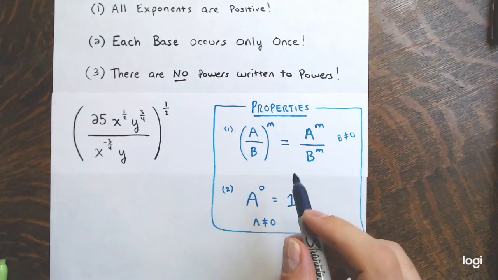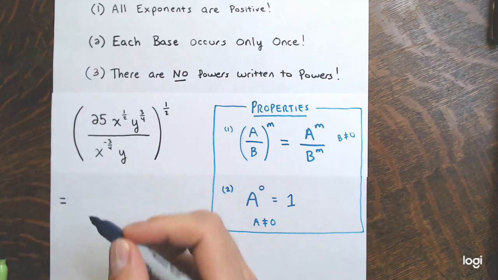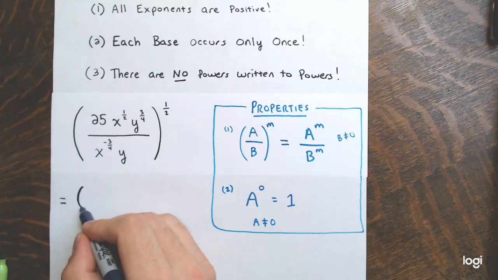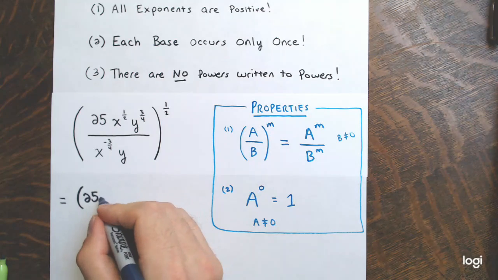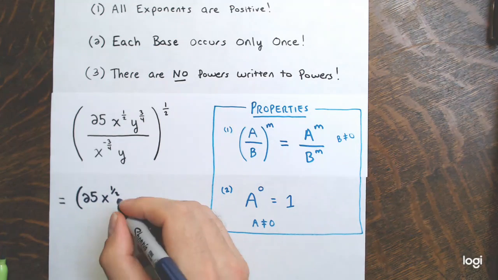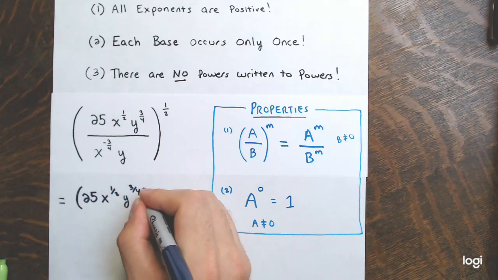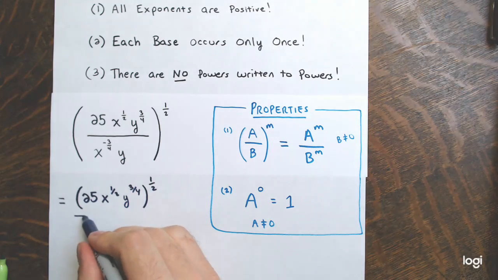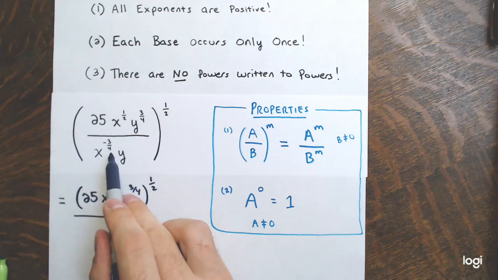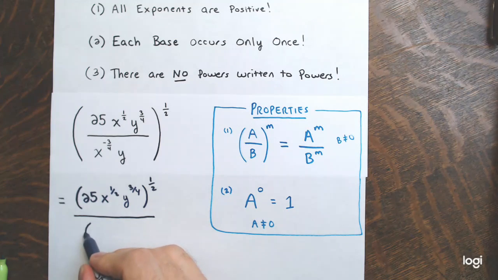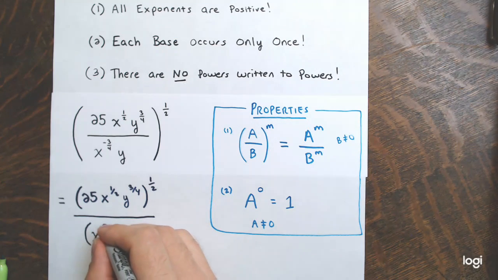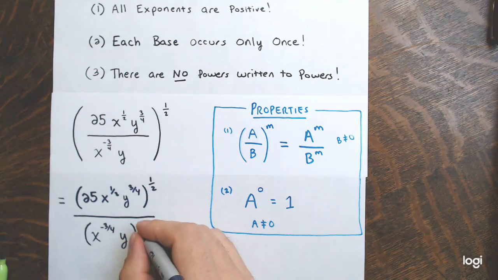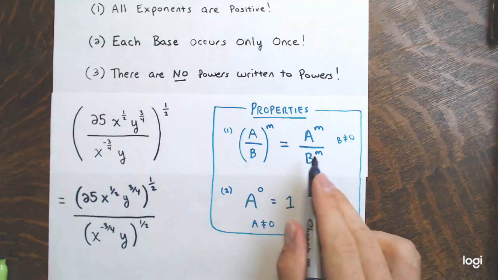So using that property of a fraction to a power, I'm going to take this entire numerator, the a to the mth power, so 25 times x to the half times y to the 3/4, that whole thing to the half, divided by, and then the same thing with the denominator to the half, so the whole denominator, this x to the negative 3/4 times y to the half. That's using this property here.